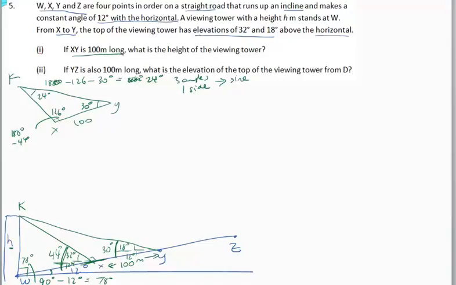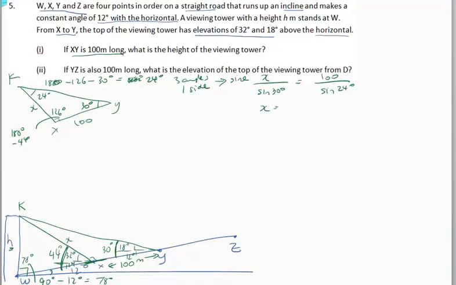With these sides, if we find this side that I'm labeling X, this will give us a length on our triangle WXK that we can use to try and calculate our height H. So we're going to find our side length X. Using our sine rule, we have X divided by its opposite angle, sine of 30 degrees, is equal to 100, the length that we know, divided by sine of 24 degrees.